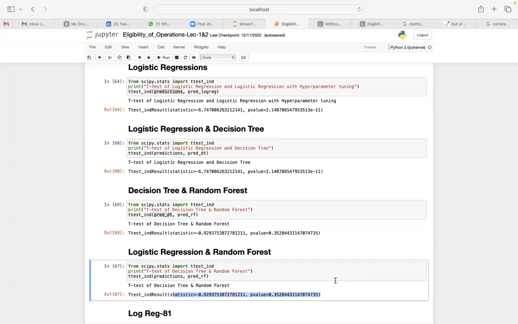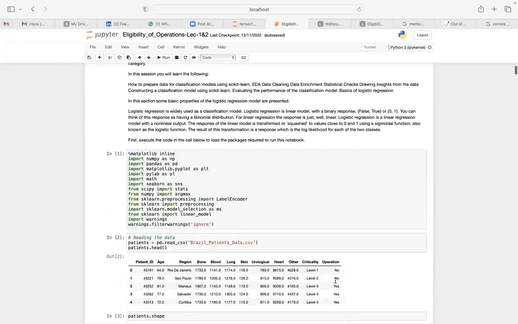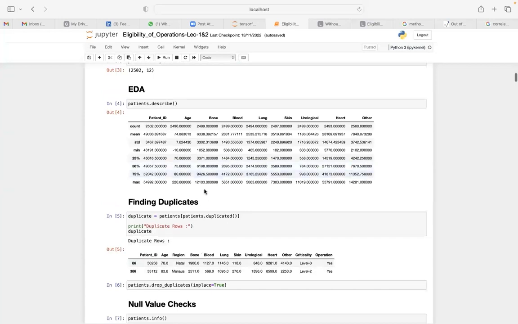Again, the application of it is very simple. Right now, what we are seeing here is a number of patients with different patient IDs and their medical conditions, and based on that, we are getting a prediction whether the patient should be operated on or not.